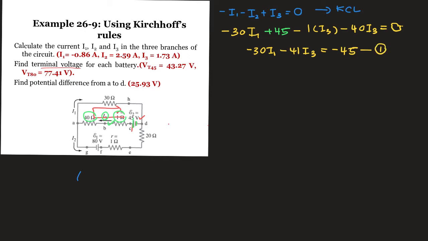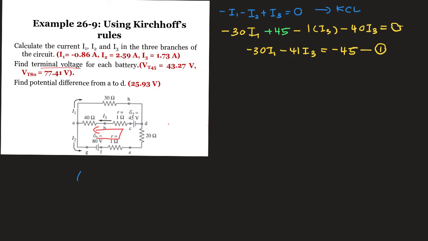Now we are going to focus on the second equation. Therefore I'm going to draw the second assumption loop, which is going to be in anti-clockwise motion. Your second equation also consists of this one whole loop, which means that it also consists of the path of I3.